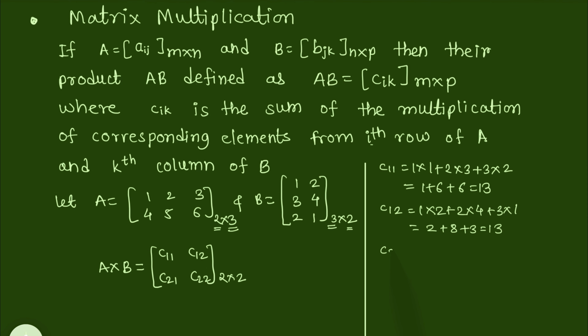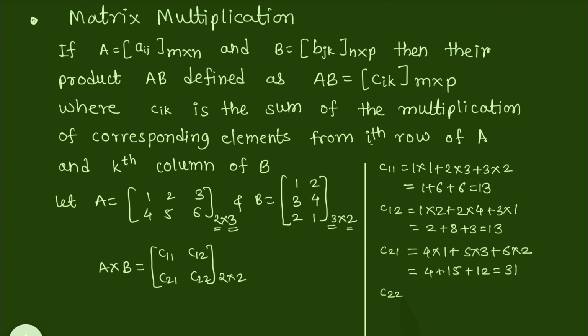Now let's calculate C21, which is the multiplication of the second row in A to the first column in B. Now 4 into 1 plus 5 into 3 plus 6 into 2, which is 4 plus 15 plus 12, equal to 31.